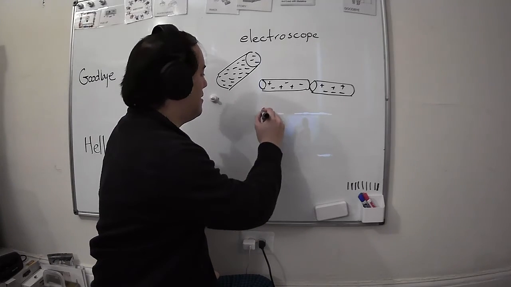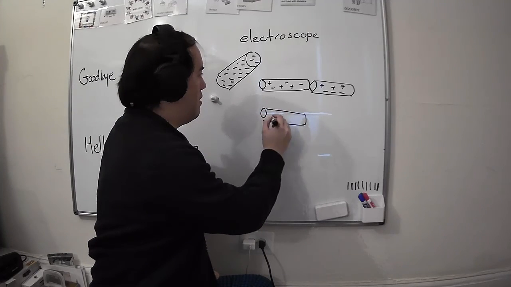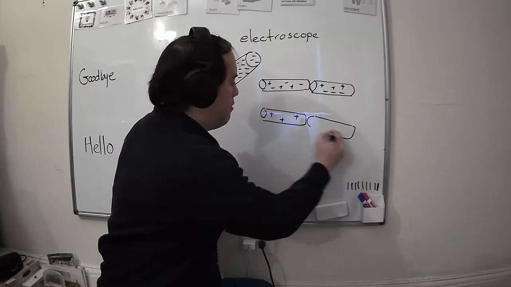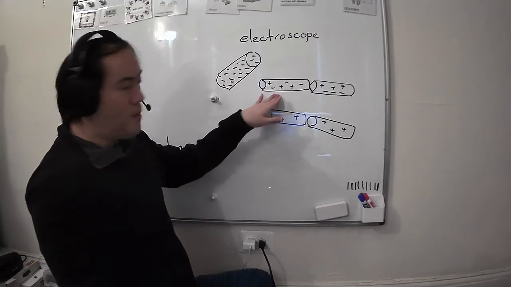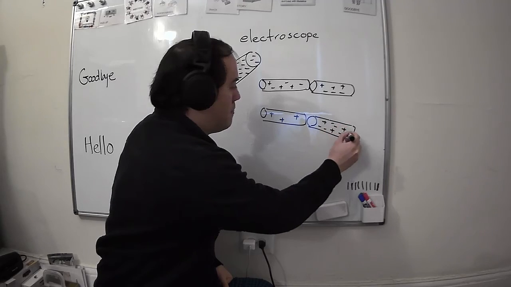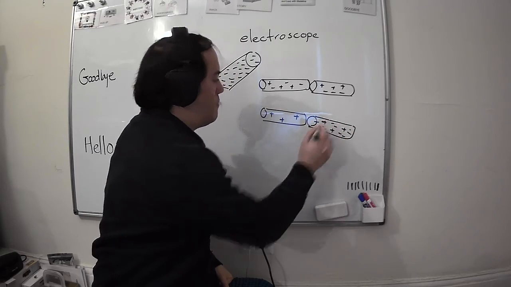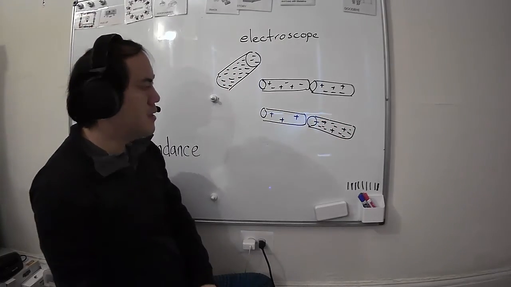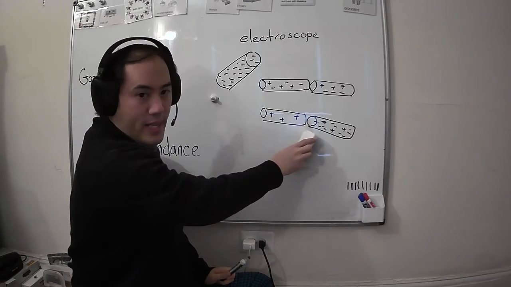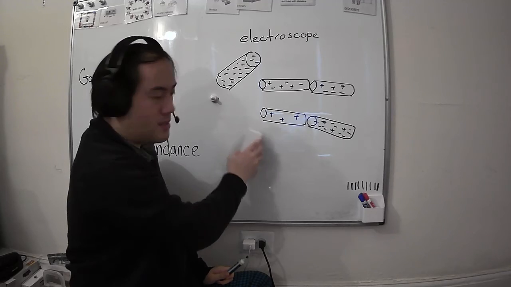So all the minuses will go to the far side, or not all of them, but a lot of them. Then, the important thing is you remove the connection before you remove the negatives.